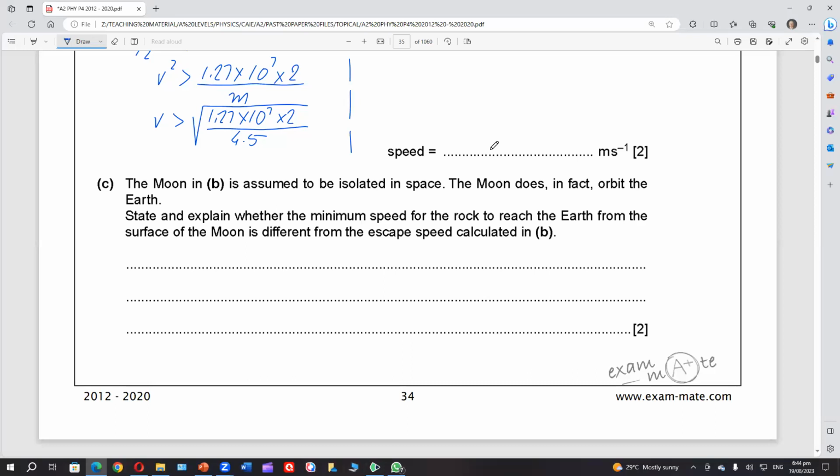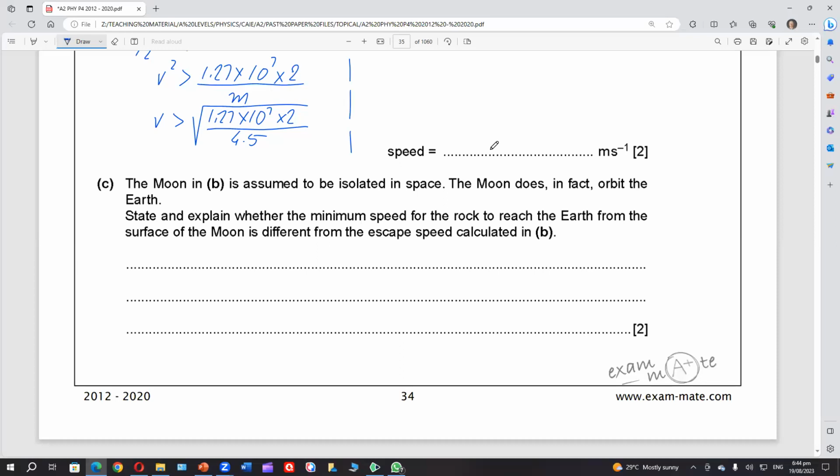Moon is orbiting the earth, so anything moving from the moon's surface will be affected by the earth gravity also. So earth will also attract this rock.